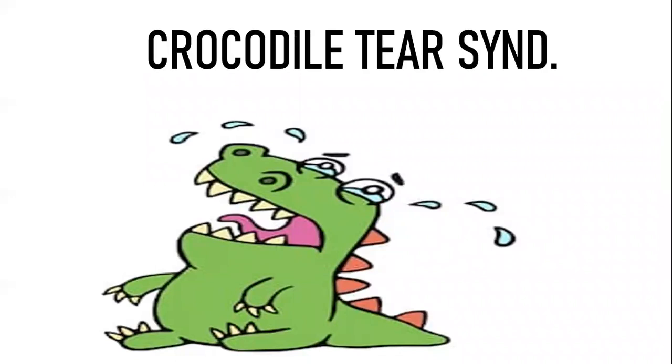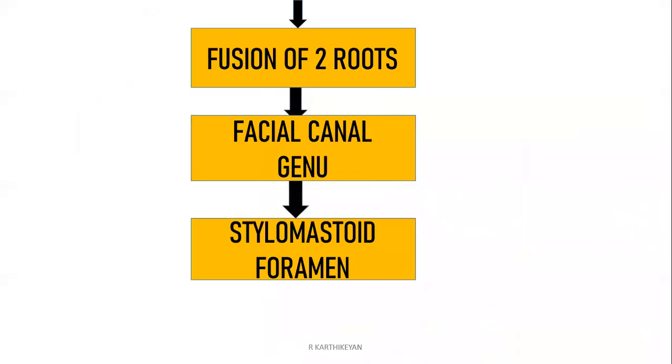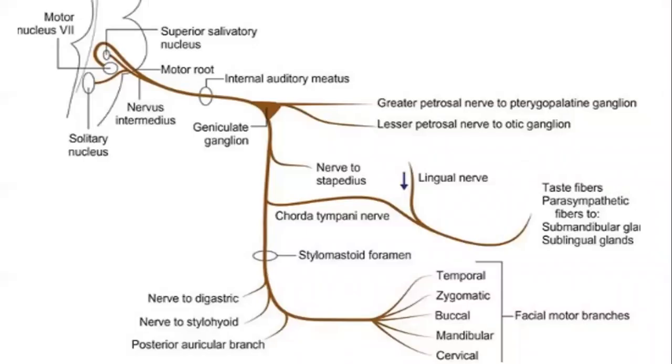Next, we have a very interesting syndrome called crocodile tear syndrome, for which we'll go to this picture. We saw the general visceral efferent. We saw it supplies your glands. Here, it supplies your submandibular, sublingual and lacrimal glands.